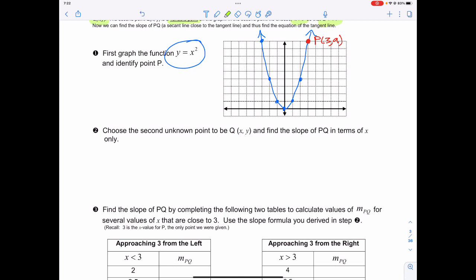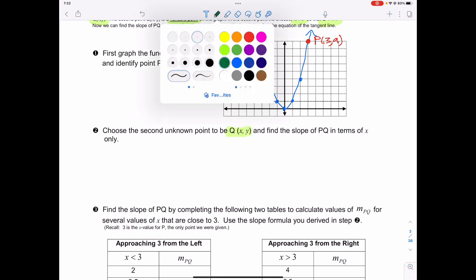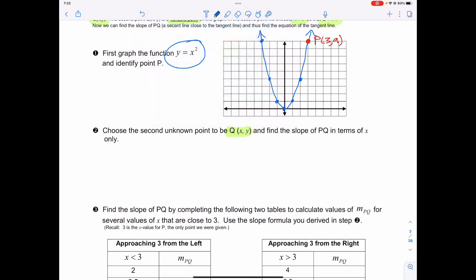We are going to choose the unknown point of x and y, and we're going to use our slope formula to state that my slope is equal to y2 minus y1 over x2 minus x1, and I'm using the points of P, which is 3 and 9, and Q, which is x and y.